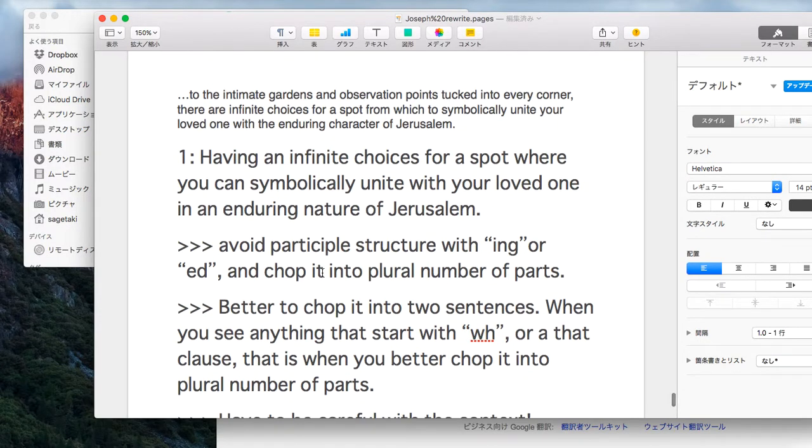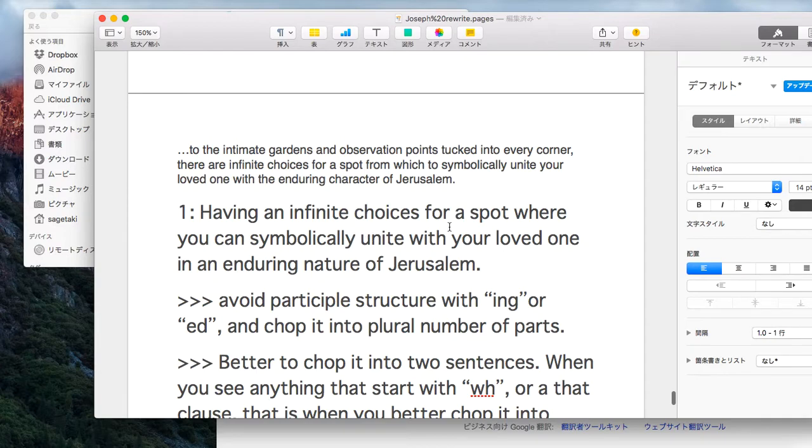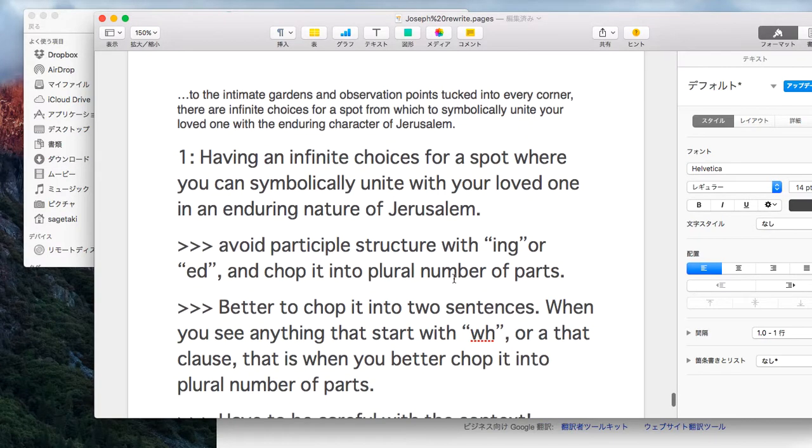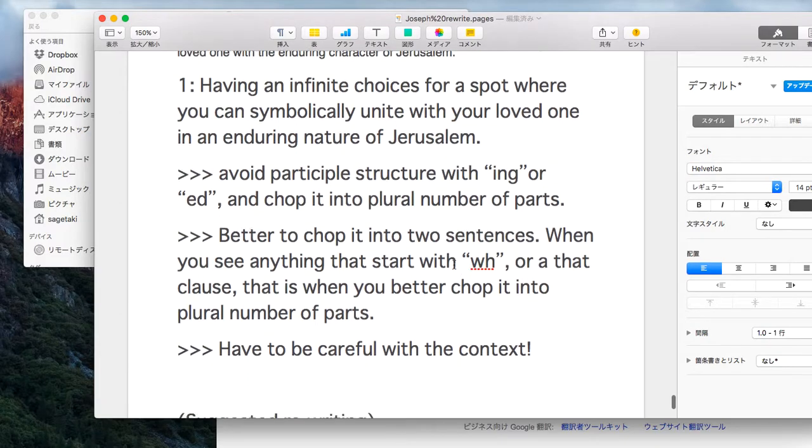You better chop it into two sentences when you see anything that starts with double H. Here you have double H, where you can symbolically unite with your loved one. This is probably the process where Google Translation will have a problem. Whenever you see the double H stuff or that clause, that is when you better chop it into plural parts.